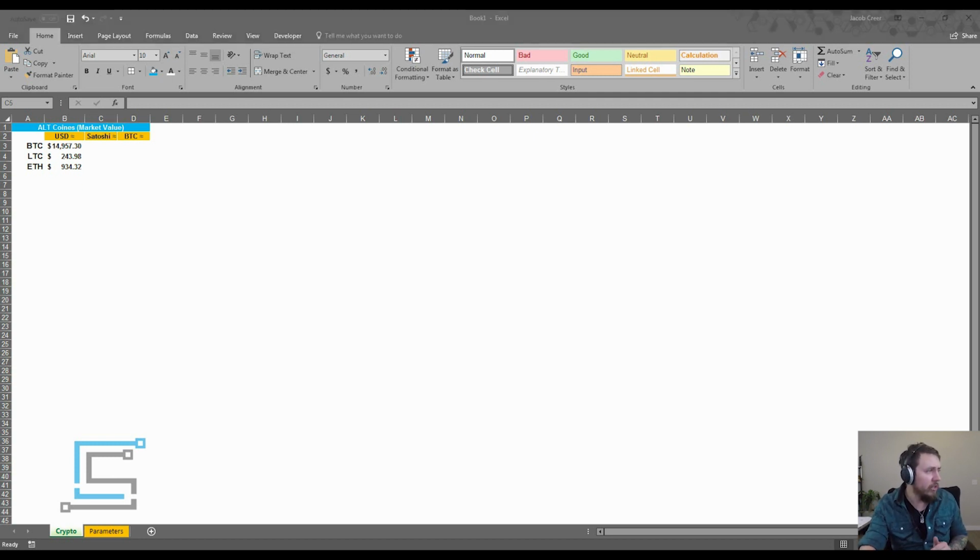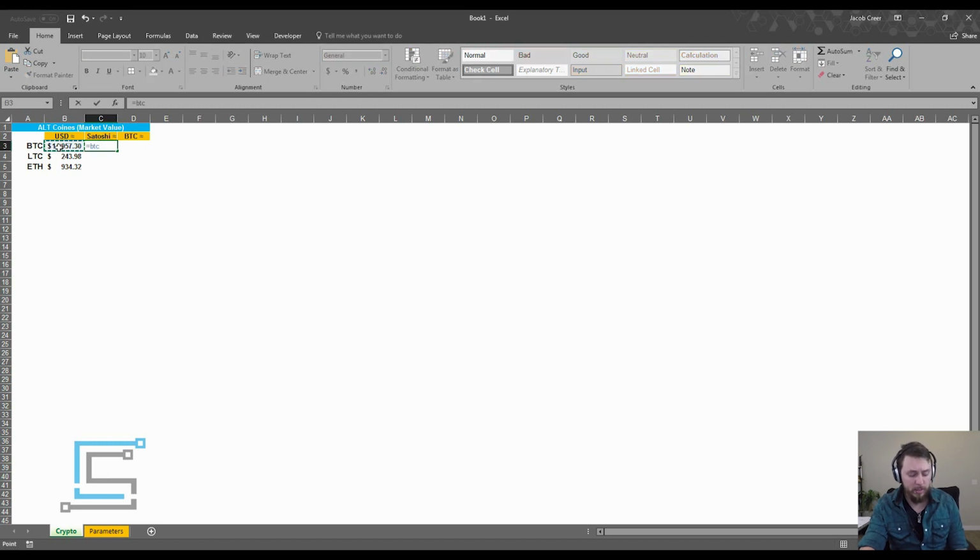In order to do that, you're simply going to take the current market value, in this case BTC, and times that by the dollar equivalent of Satoshi. Obviously, you know your math is correct if the Satoshi for Bitcoin equals 100 million.